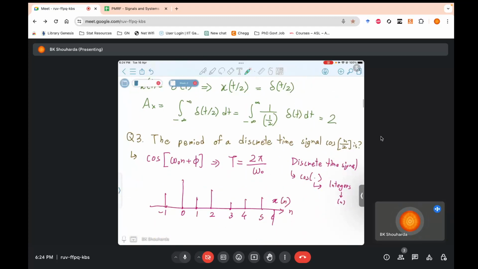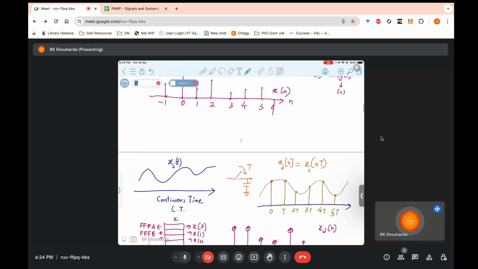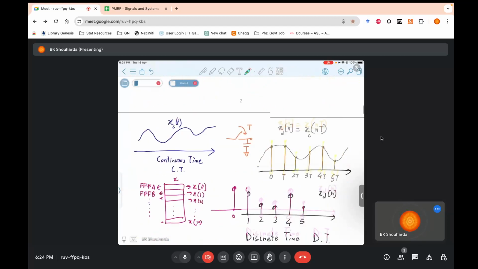Now this is the period of a discrete time signal. So for a discrete time signal, we need to ensure that omega naught has to be a rational multiple of pi, something like 4 by 7 pi, 3 by 13 pi, something of that kind. Pi has to be there and a rational number has to be there, only then will you be able to find the period.